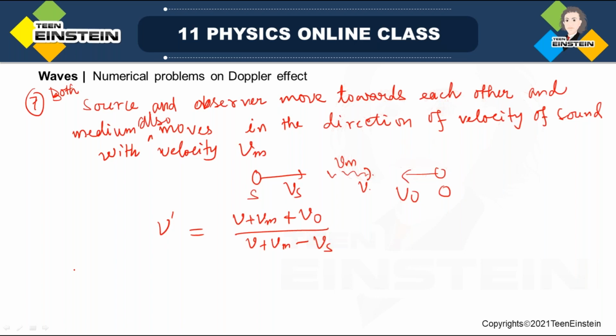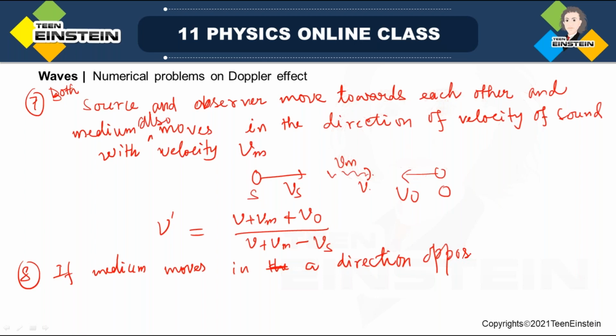If the medium moves in a direction opposite to the direction of velocity of sound, then the frequency will be V minus Vm.